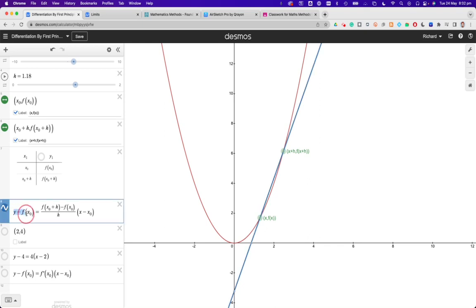You can see I've got y minus y1, which is f of x0, and I've got x minus x1, which is x minus x0. And then here, what I've got is y2, x0 plus h, minus y1, f of x0, all over x0 plus h minus x0. x0's cancel out, just like I showed you a second ago, leaving you with h.